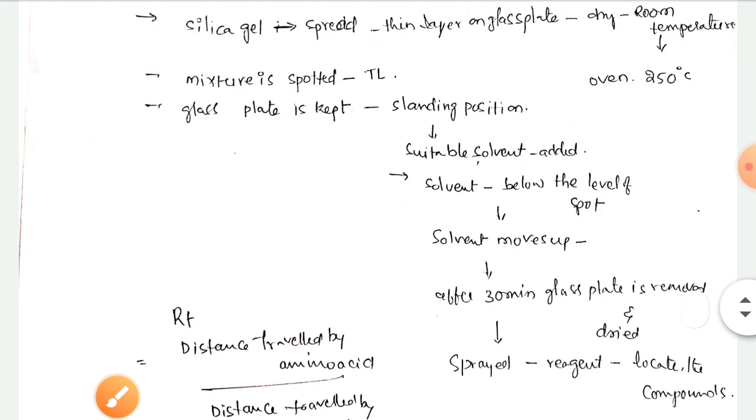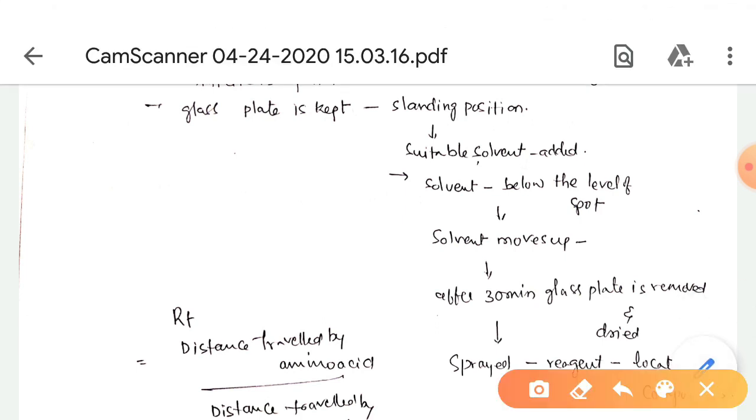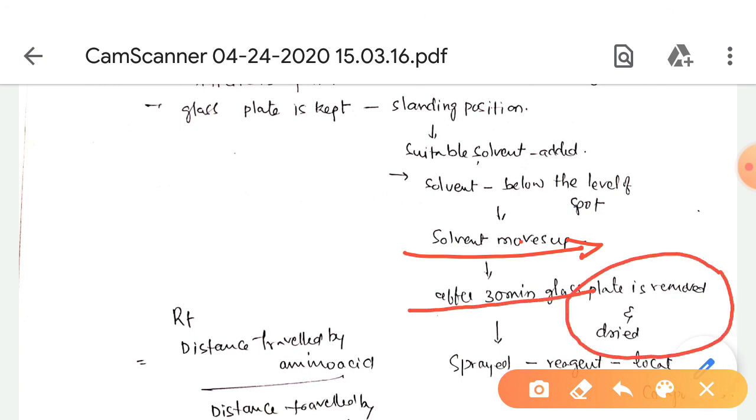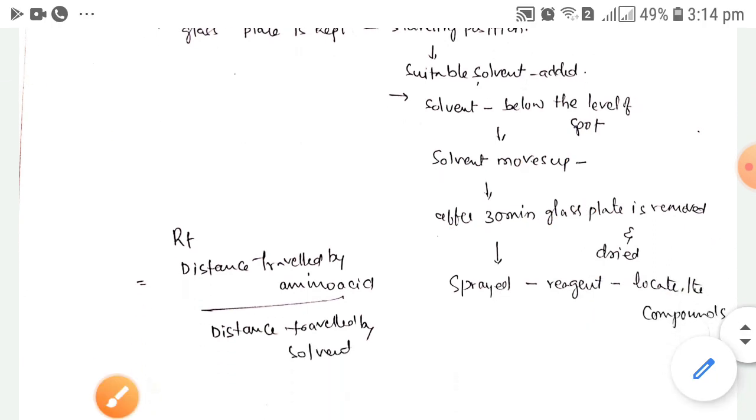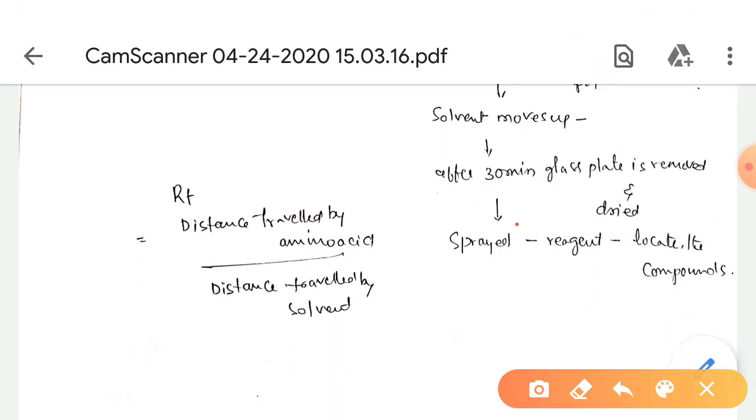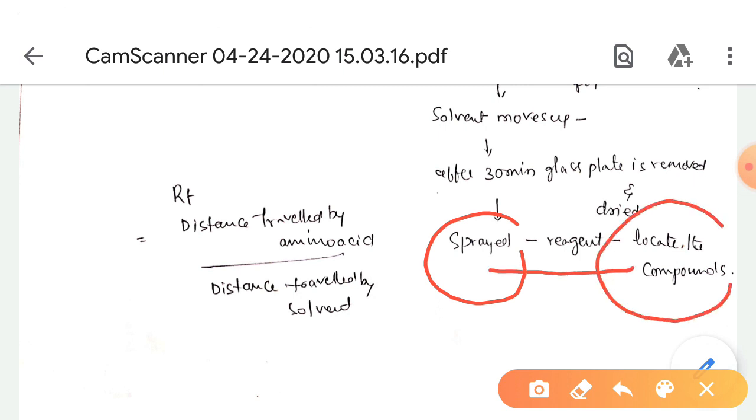The solvent moves up on the solid stationary phase, carrying the compounds. After 30 minutes the glass plate is removed and dried. A suitable reagent is sprayed on the plate to locate the compounds.